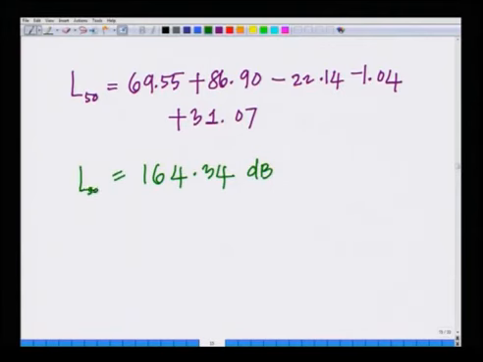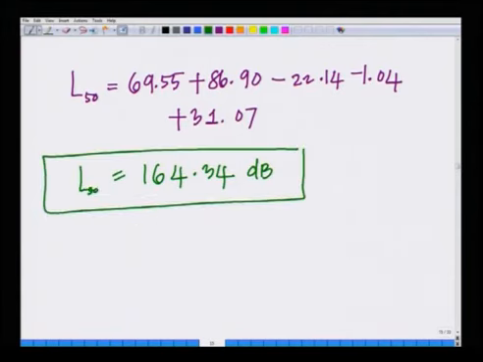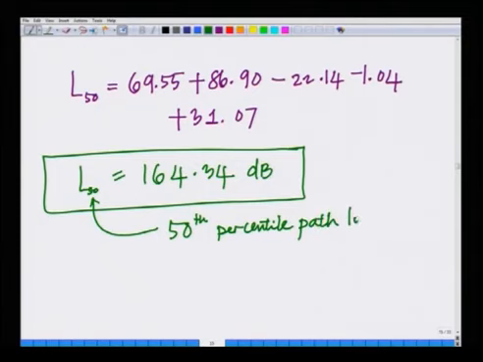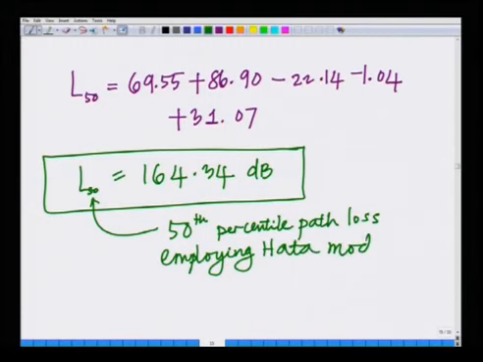Hence, the 50th percentile path loss employing the Hata model is 164.34 dB.